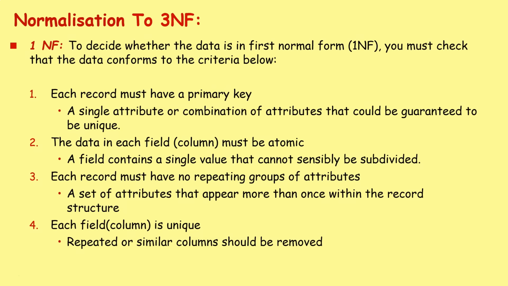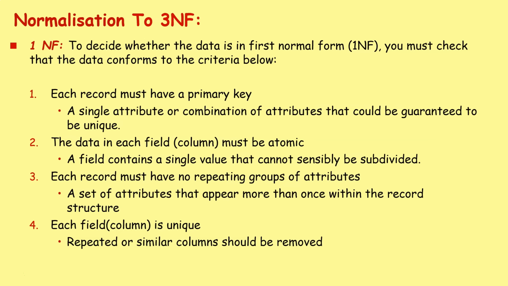First normal form. To decide whether the data is in 1NF, you must check that the data conforms to the criteria listed here. 1. Each record must have a primary key. Remember, this is a single attribute or combination of attributes for composite primary keys that could be guaranteed to be unique. 2. The data in each field, each column, must be atomic.